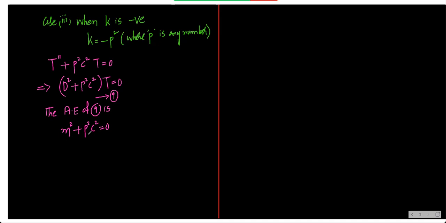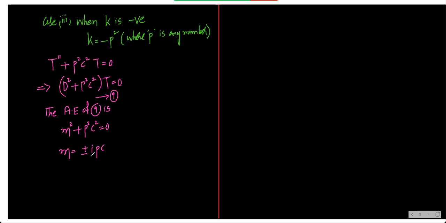Then if you bring this value it becomes negative, finally our m value is imaginary, we get plus or minus i p c. The positive value will go negative and the square will come under the root. Under the root negative means we write i. You are second year students, you can understand this.